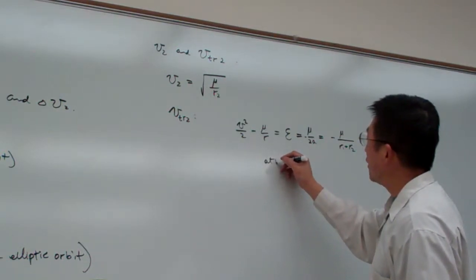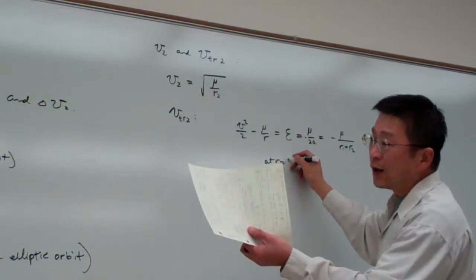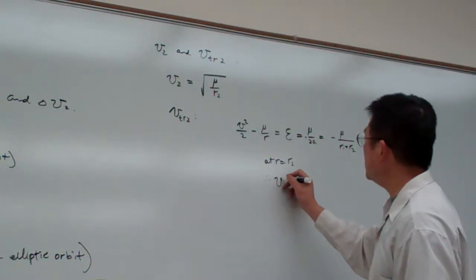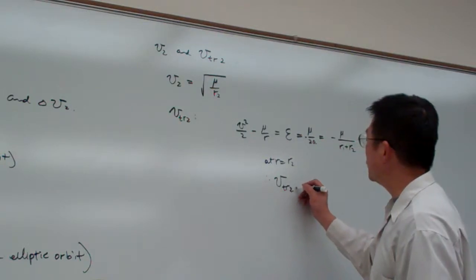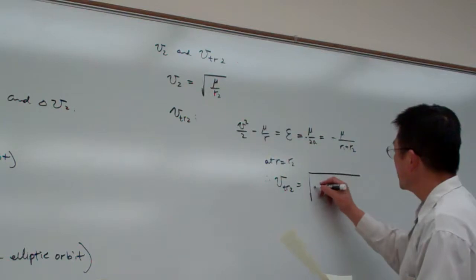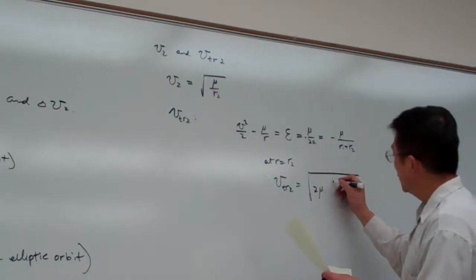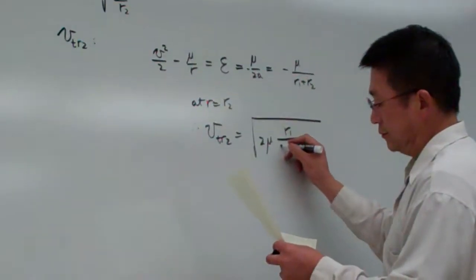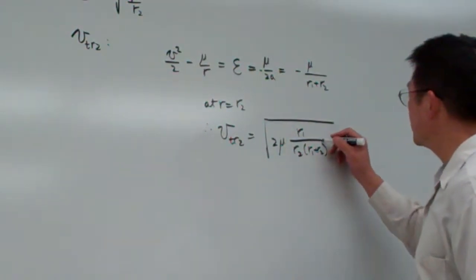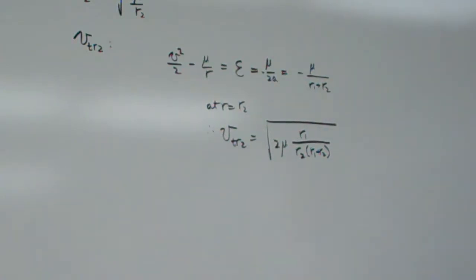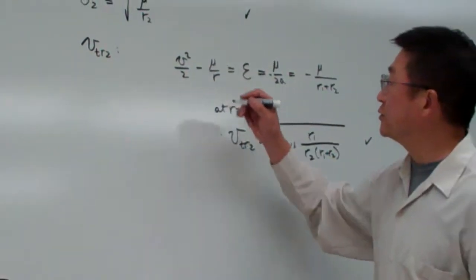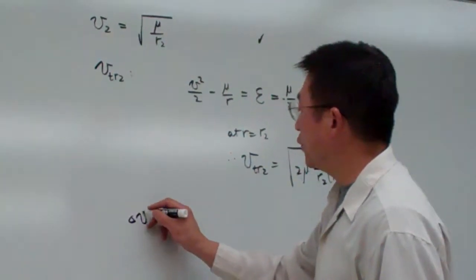So at R equal to R2, we can plug in. Therefore, V at TR2 can be described by the square root of 2 mu R1 over R2 times R1 plus R2. Okay, so right now we have the two terms, then we can also determine the delta V at point 2.